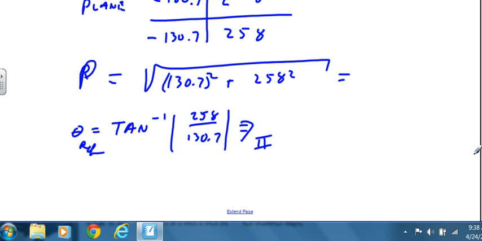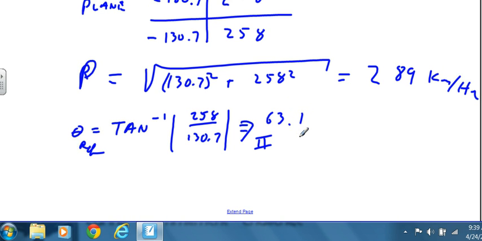I think there's a memory function here that I haven't dealt with before. 130.7 squared plus 258 squared, close parentheses. So it looks like the plane's going 289 kilometers per hour, and our tangent, 258 divided by 130.7, gives 63 degrees as a reference angle.